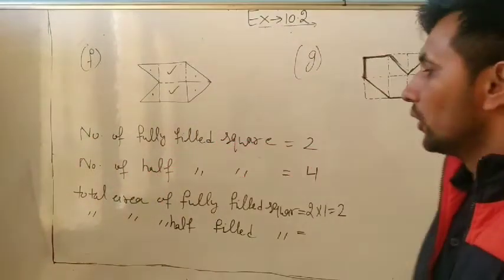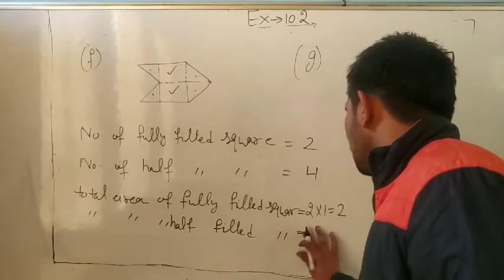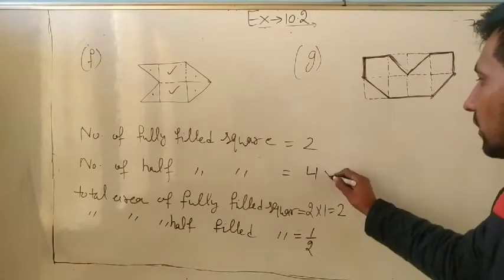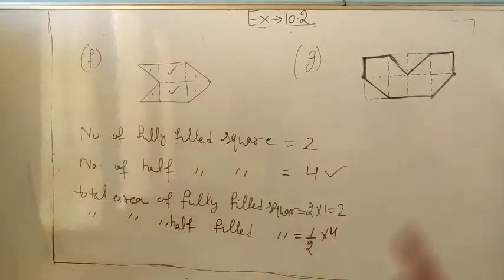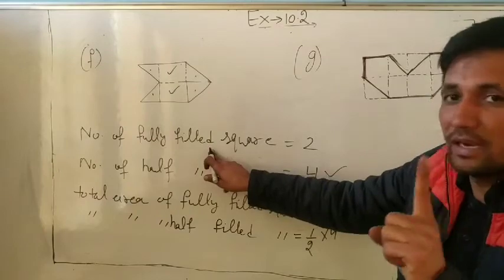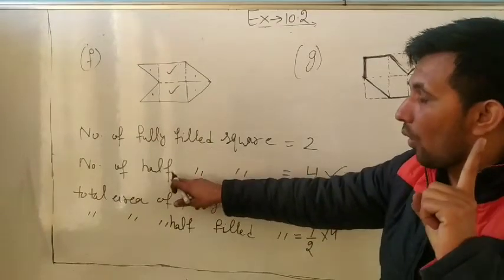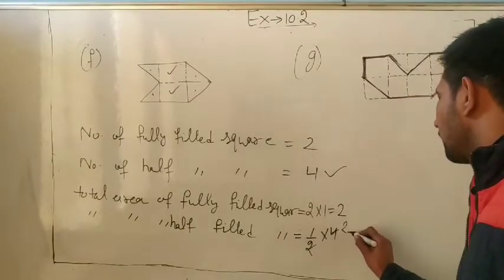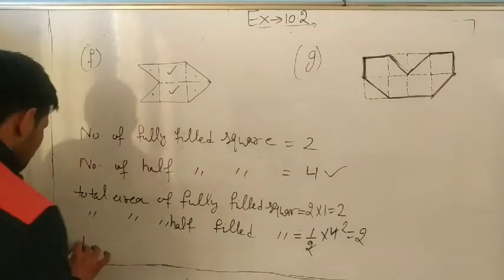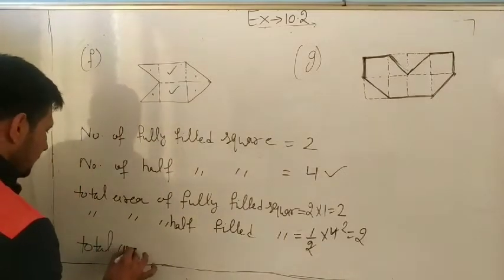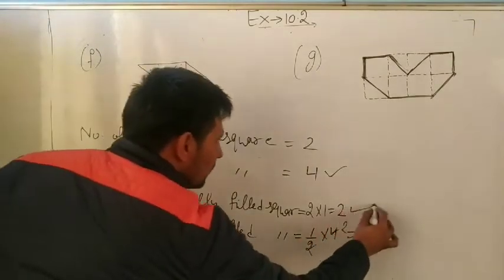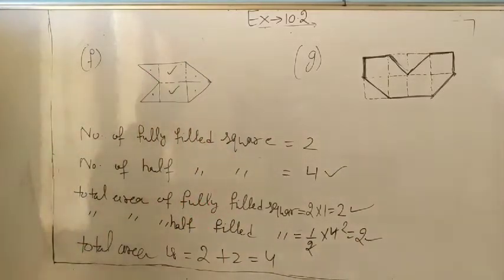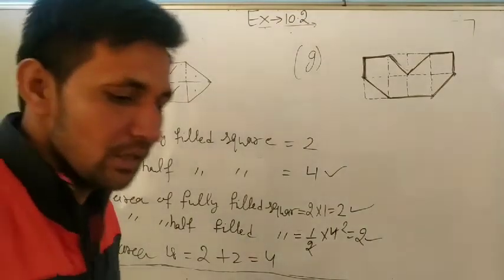I already told you the area of half filled is half, and the total number is 4. So 4 into half, always remember area of fully filled square is 1 and area of half filled is half. So how much? 2. So the total area is 2 plus 2, which is 4. Understand it? Like this we will find the answer.